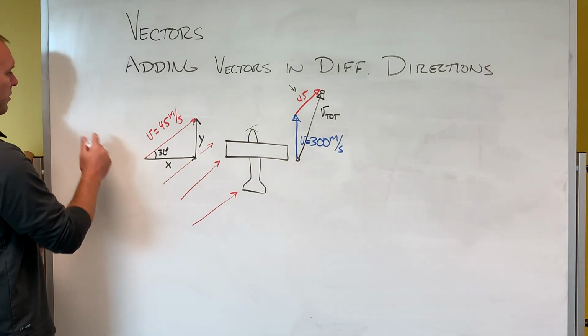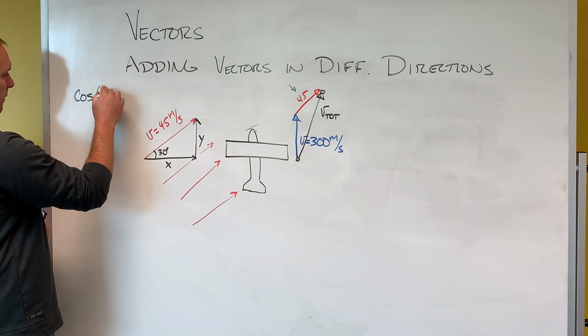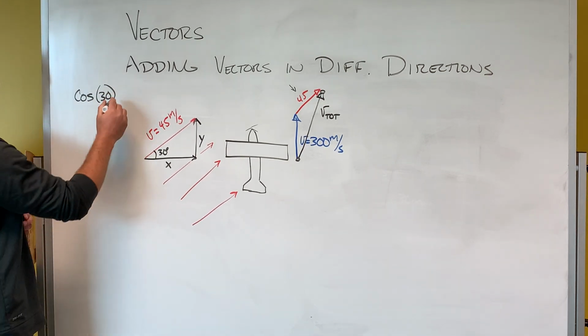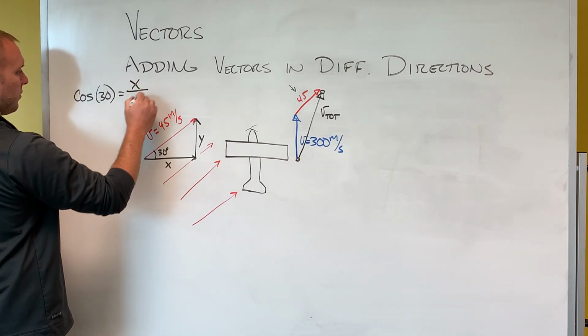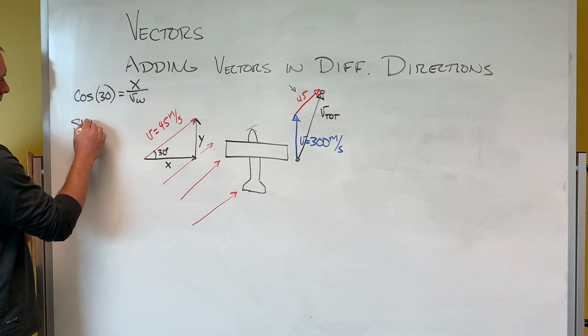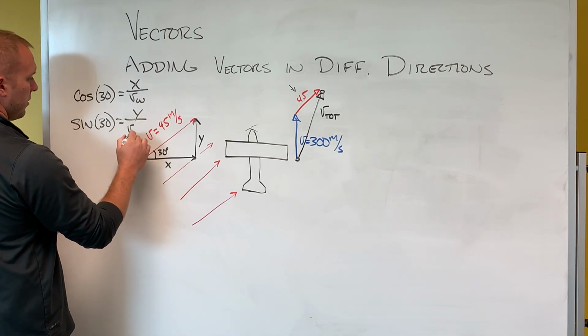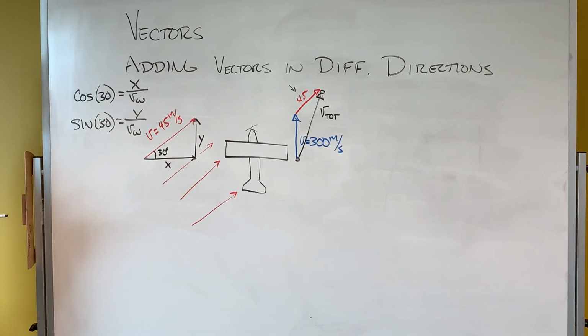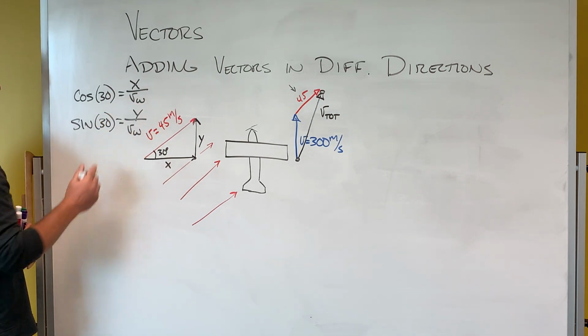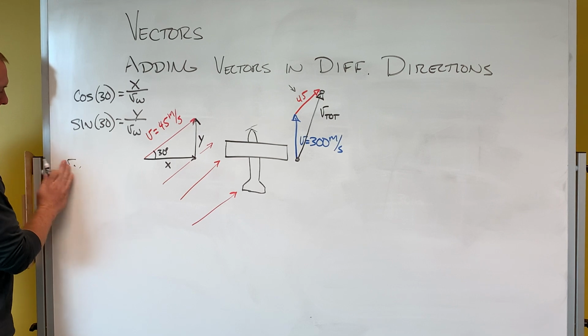If I look at this, the cosine of 30 degrees is the adjacent, x, over the velocity of the wind. The sine of 30 degrees is y over the velocity of the wind. Right? So those are ways that I can solve for the x and the y component. Here's how I would designate it.